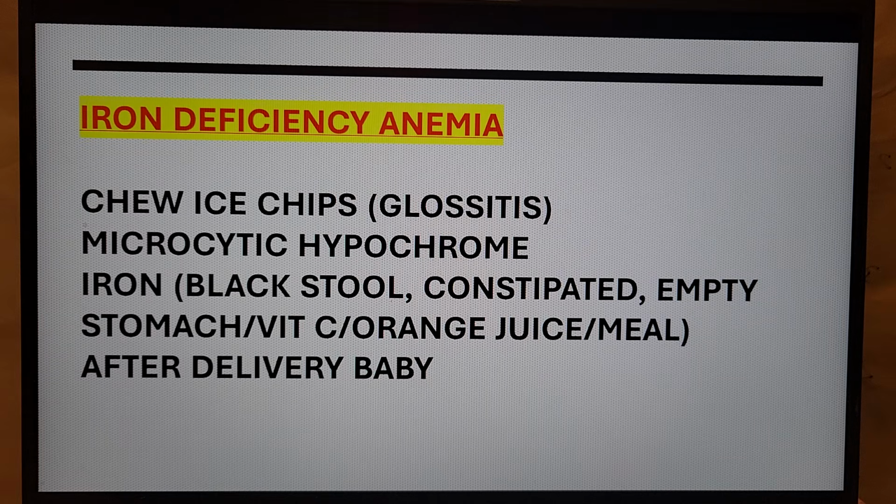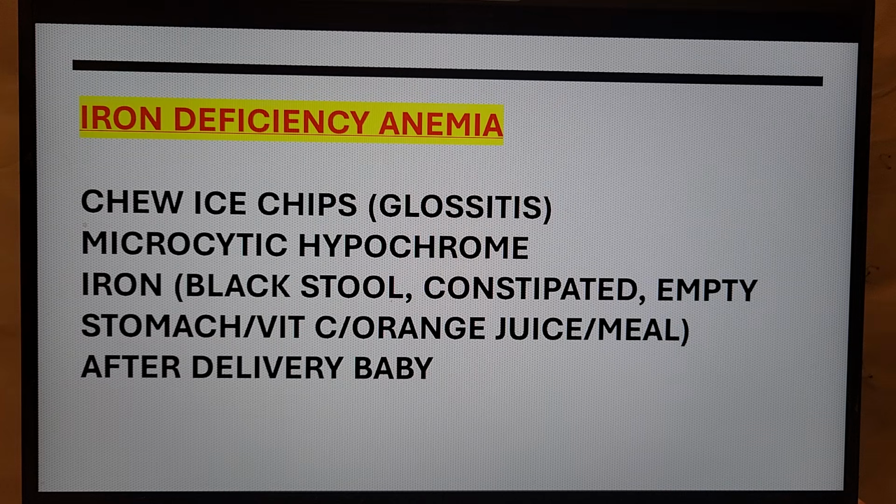People that are deficient in B12 and B9 are the opposite, macrocytic hyperchromic. The RBC is big and the color more red. That's for anemia that lacks B12 and B9. But the one that lacks iron, microcytic hypochromic.